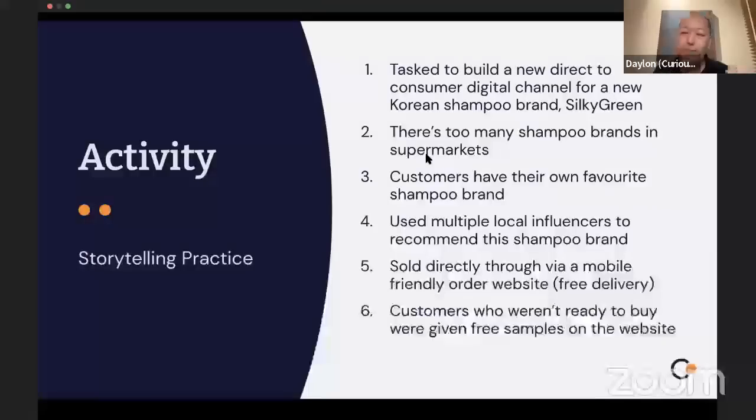At the same time, we will also encourage them to share a website that we have created, which is mobile responsive and mobile friendly, for customers who would like to order this shampoo brand directly online, as well as get free samples in case they're not ready to buy.